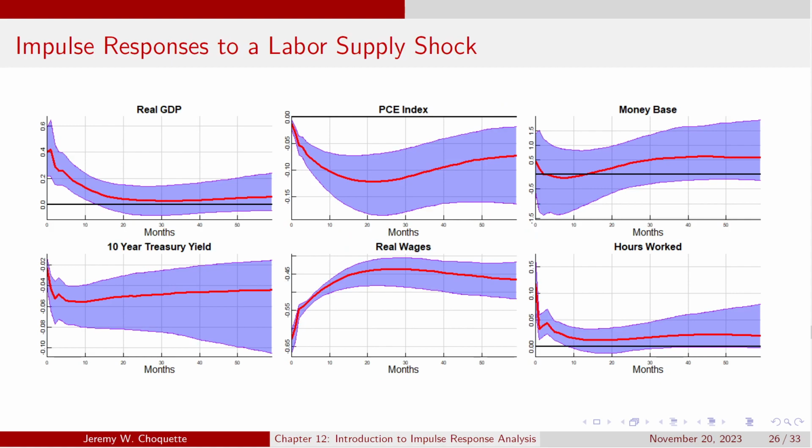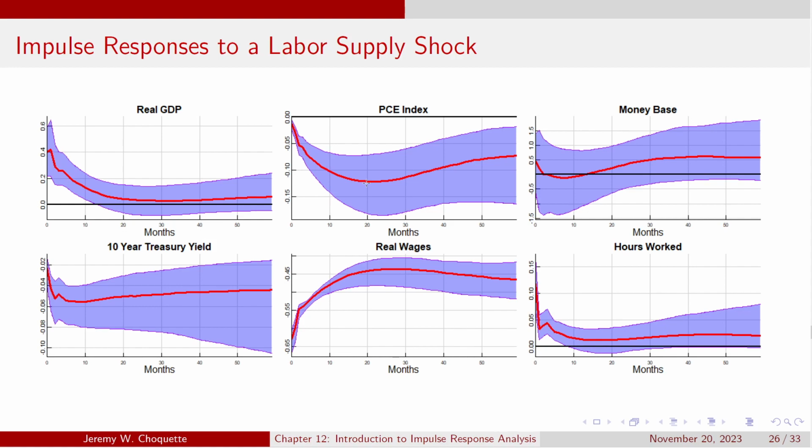Let's look at this. Real GDP increases. How do we know it increases? Well, because 0 is right here, and this is above 0, so the maximum deviation is above 0. So real GDP increased. Prices: the maximum deviation for prices is right about here. Yes, prices fell too.